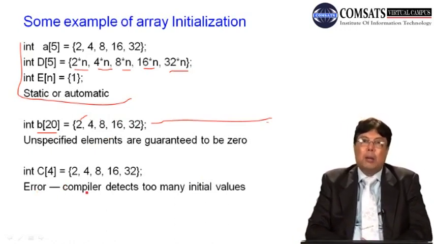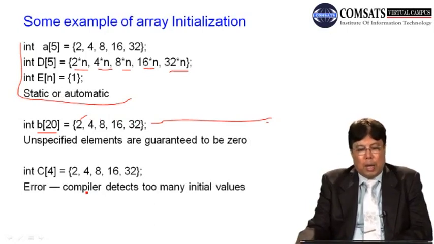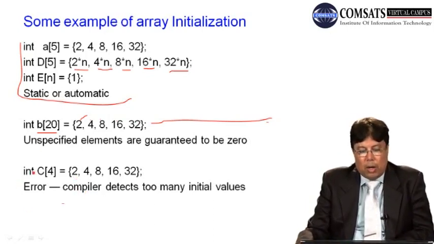Unspecified elements, अब ये garbage नहीं है, they are guaranteed to be 0, क्योंकि यहाँ पर आपने इसको initialize कर दिया है और remaining part को आपने initialize नहीं किया, so those are automatically initialized to be equal to 0. Then integer C4, 1, 2, 3, 4, 5: you have defined the size is equal to 4, but you are providing the 5 elements.